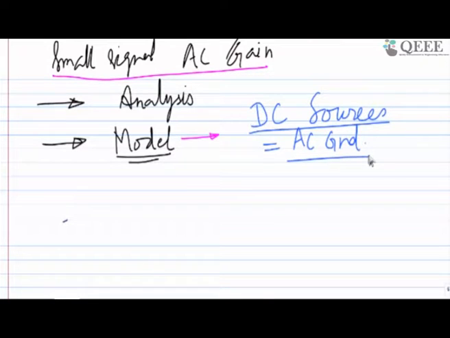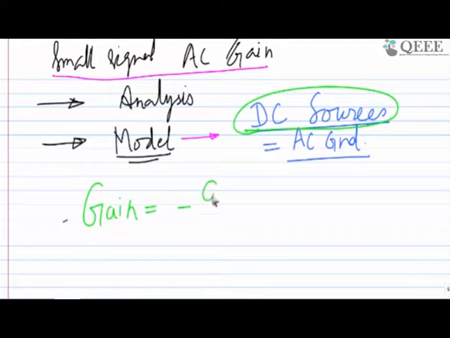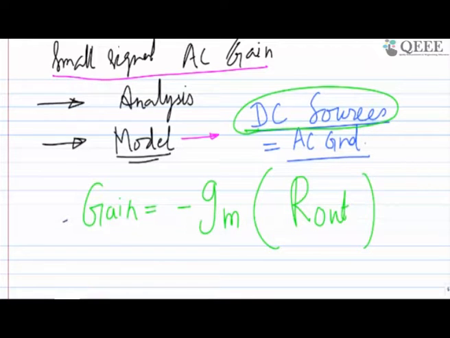So wherever you are seeing a DC source, you have to replace that with AC ground. You have to make sure that is what we are going to use. And the gain of any circuit becomes minus GM times R out. R out, I'm writing R out, means the output resistance of that circuit. You have to put it here. That's it. Then your gain is available.